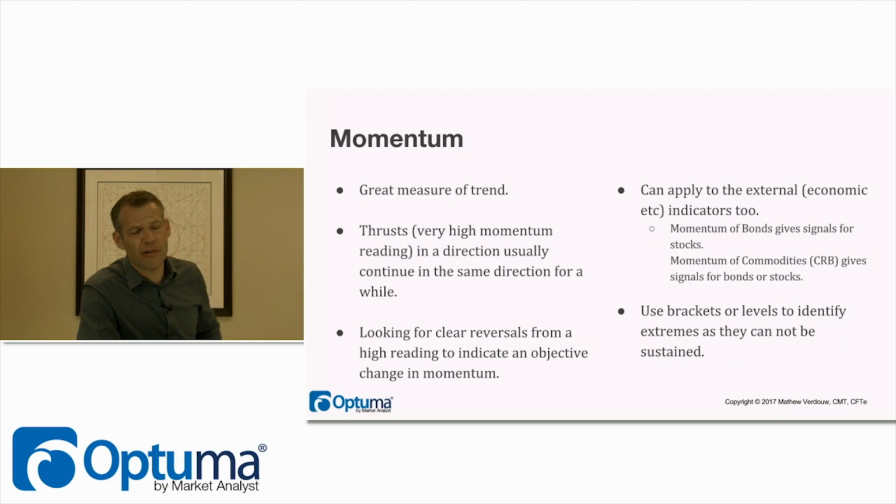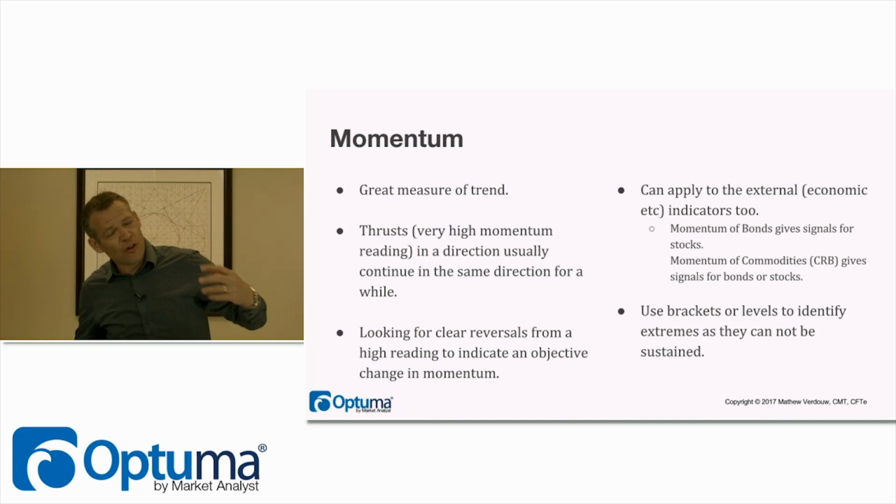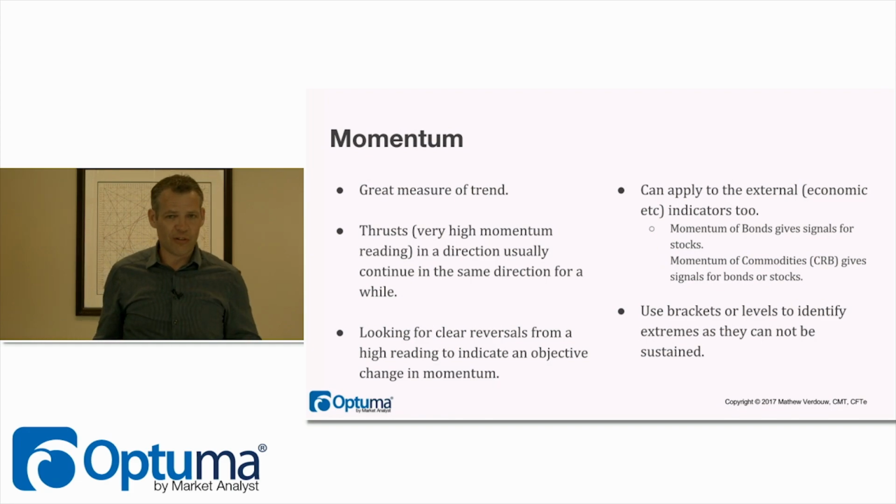Momentum, it's a great measure of trend. We've talked about that. Thrusts in momentum, which is a really high acceleration, usually continue in the same direction. It's like if I throw a rock up in the air, it's maybe decelerating, but because of that initial thrust, it's going to take time for it to slow down. And the same thing happens in the market.